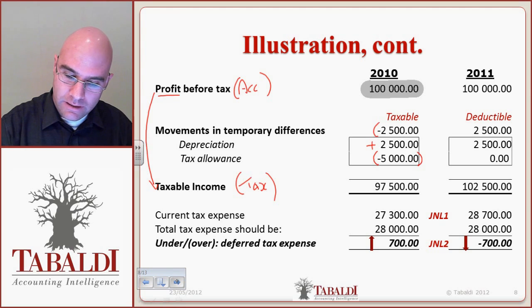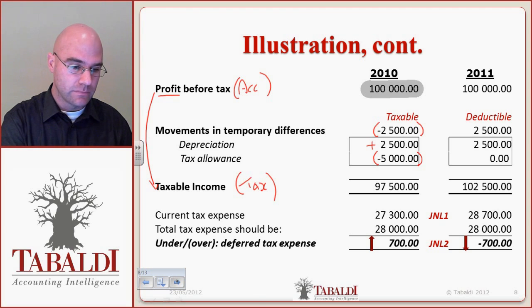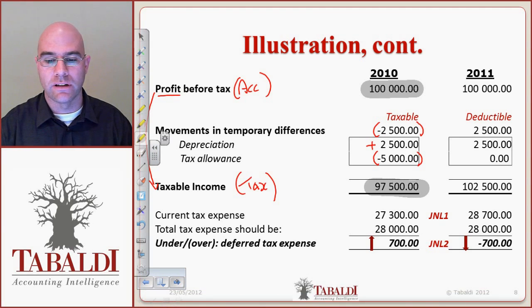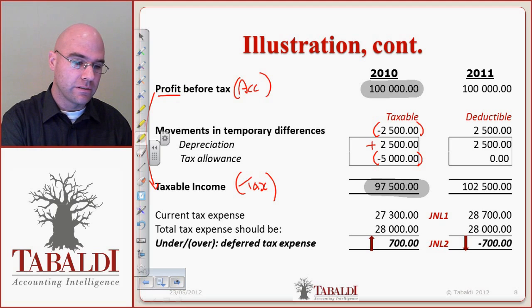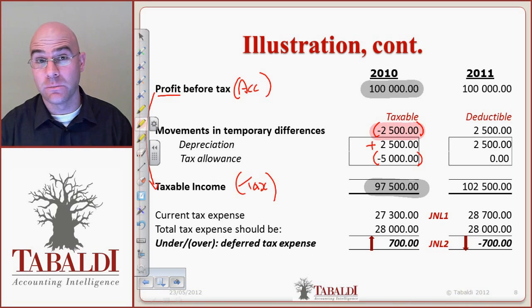Therefore, I ended up decreasing my profit before tax from 100,000 Rand down to 97,500 Rand. And that difference, ladies and gentlemen, is what I call a movement in temporary difference.